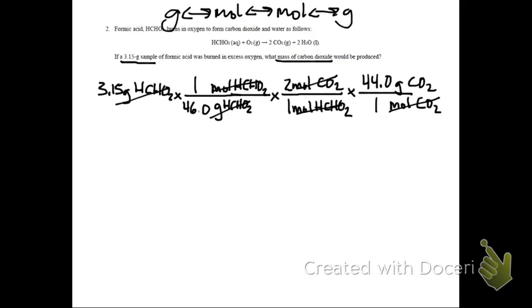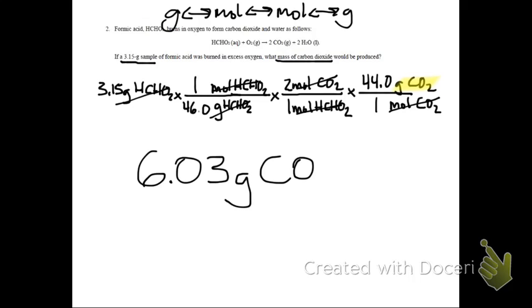Moles cancels out moles, and we're left with grams of carbon dioxide as our final unit, which means we are now ready to solve this equation. So we're going to multiply 3.15 by 2, and then multiply that by 44, and divide the whole thing by 46. And that gives us a theoretical yield of 6.03 grams of carbon dioxide.